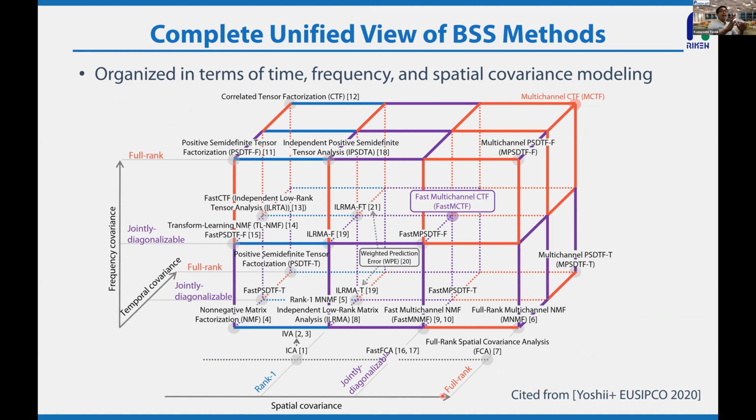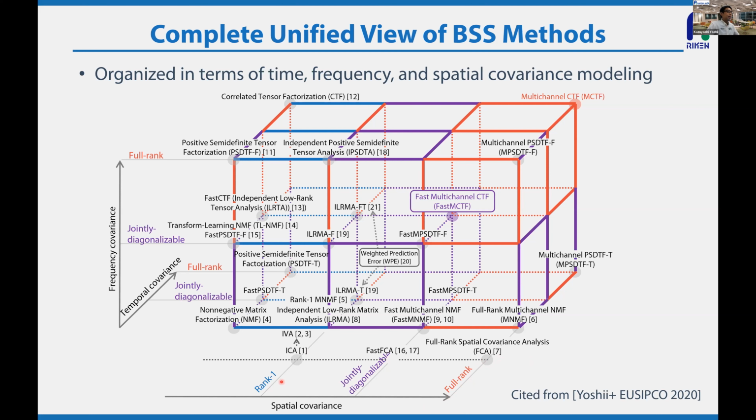And there are three levels of degree of freedom in each axis. If you incorporate no constraint, the covariance matrix is an unconstrained full-rank matrix.